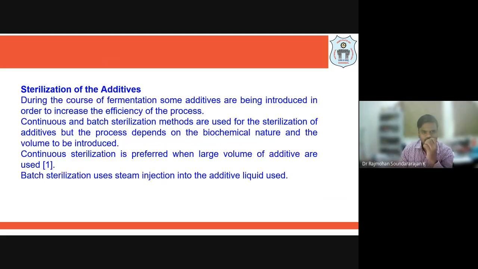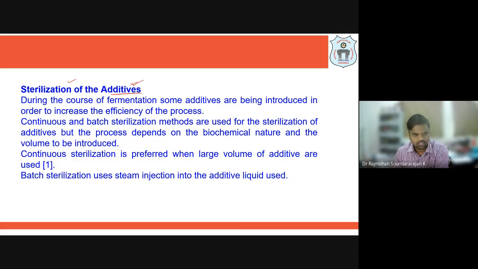Sometimes we will be adding additives to the system. How do we sterilize them? During the course of the fermentation, additives are sometimes introduced in order to increase the efficiency of the process. For that also, continuous and batch sterilization methods are used, but the process will depend upon the biochemical nature and the volume of additive to be introduced.